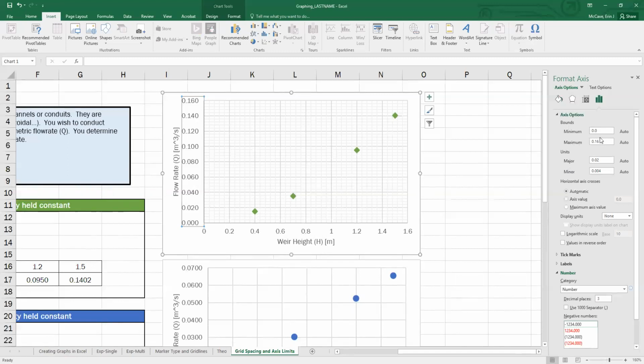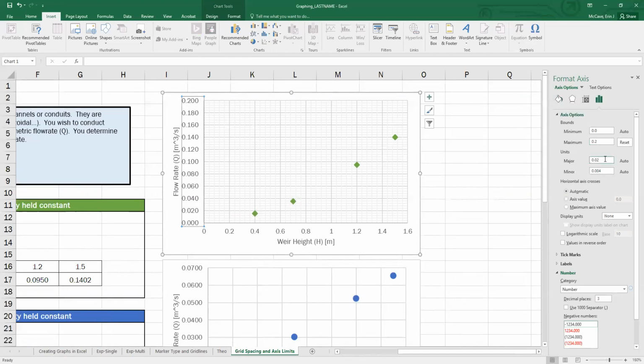Instead of going from 0 to 0.16, we may want to think about taking our bounds to 0.20. Now we see that we've increased our ordinate axis to go all the way up to 0.20, but we also want to look at our units for our major and minor grid lines.